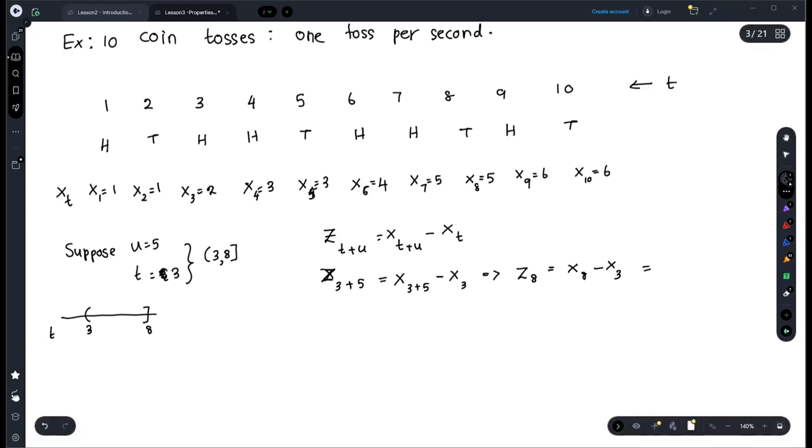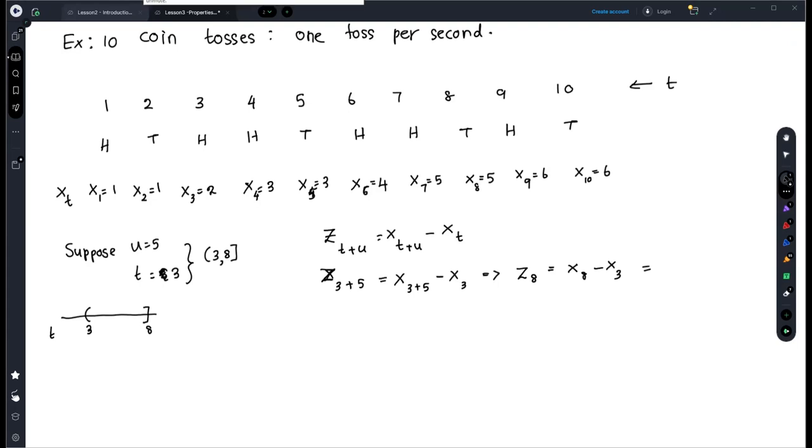X8 is 5, X3 is 2. So you can find the value. Right, the answer is 3.